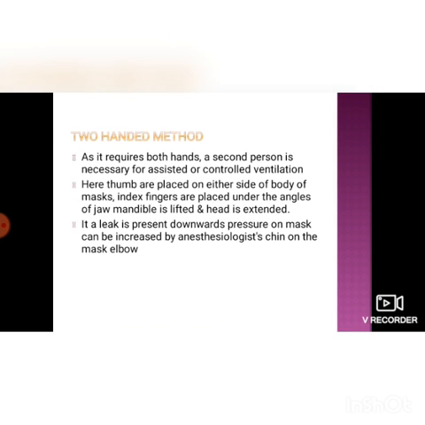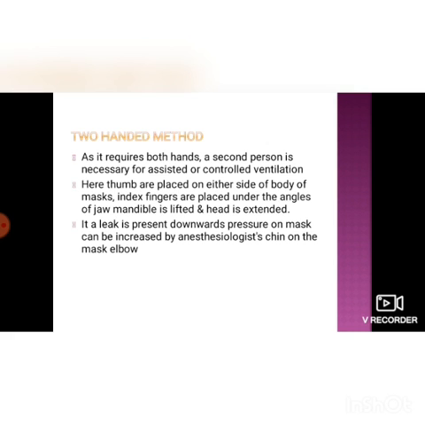Next is the two-handed method. As it requires both hands, a second person is necessary to assist and control the ventilation. Here the thumbs are placed on either side of the body of the mask. The index fingers are placed under the angles of the jaw, the mandible is lifted, and the head is extended.